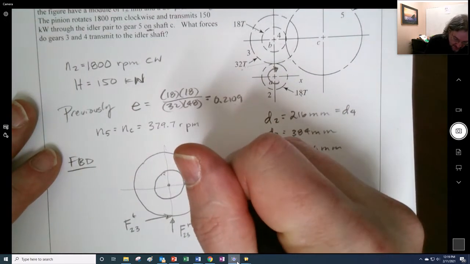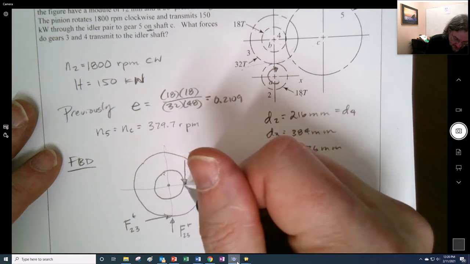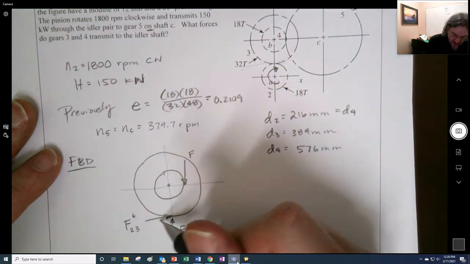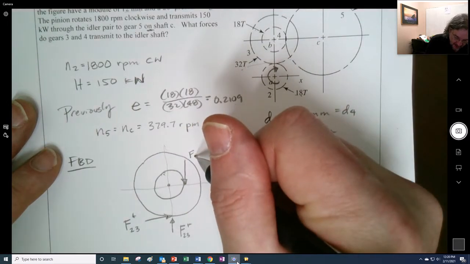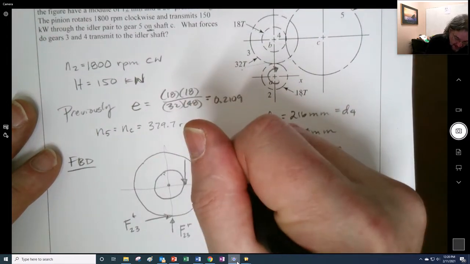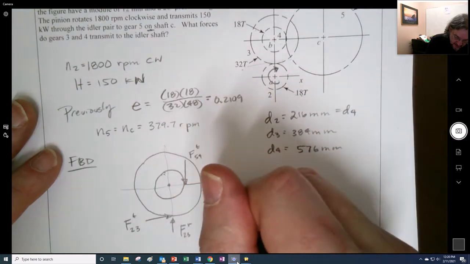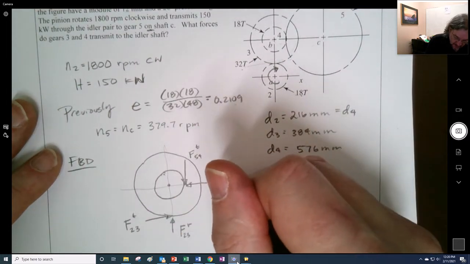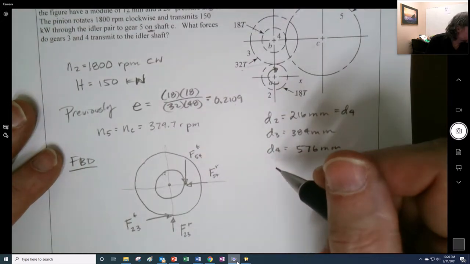So one way that we could think of it is there's going to be a force coming this way, because this one's trying to make it go counterclockwise. This one should make it go clockwise, and that should be the force of 5 onto 4 in the tangential direction. And then there's also going to be the force of 5 on 4 in the radial direction.